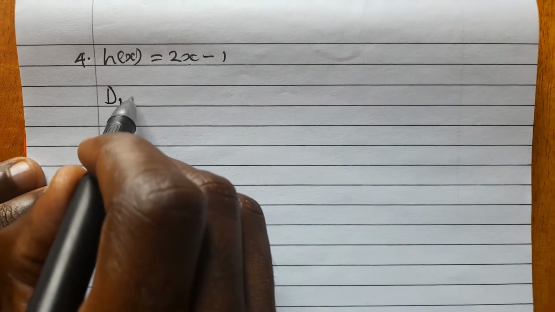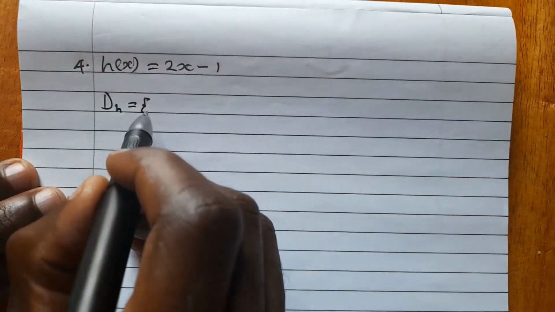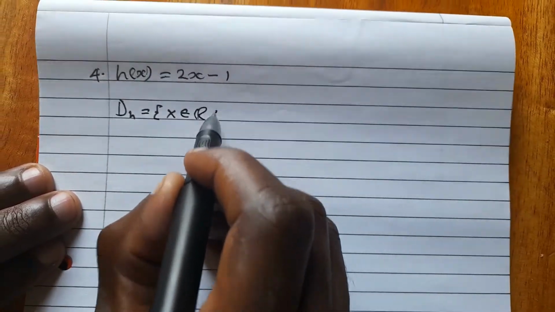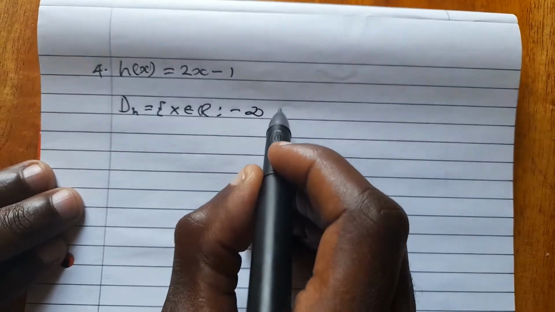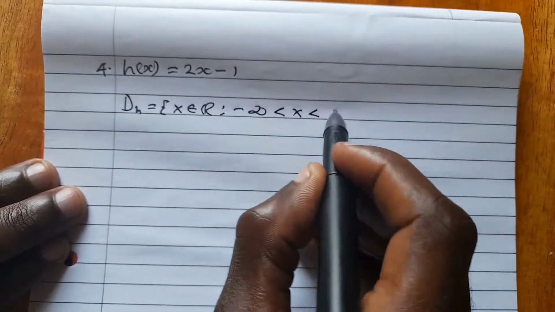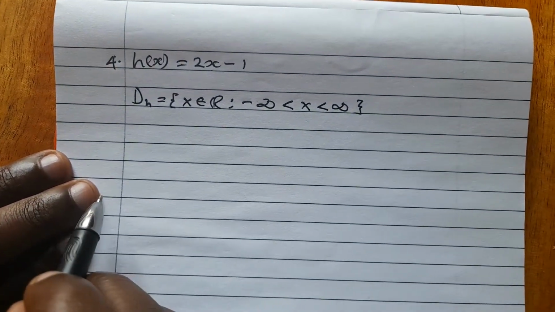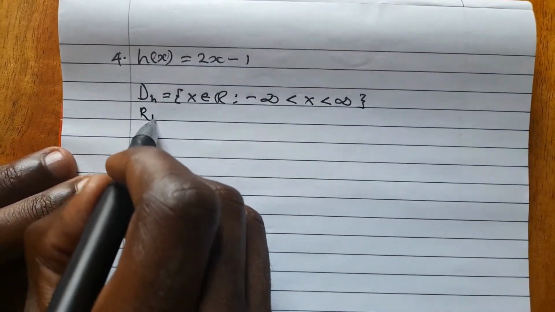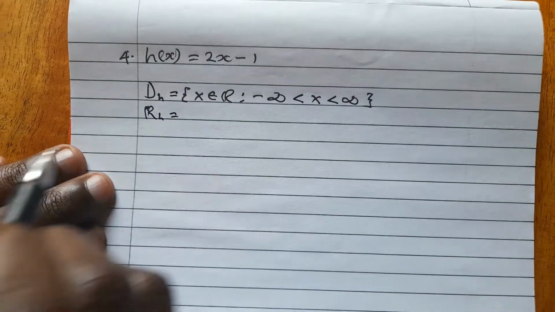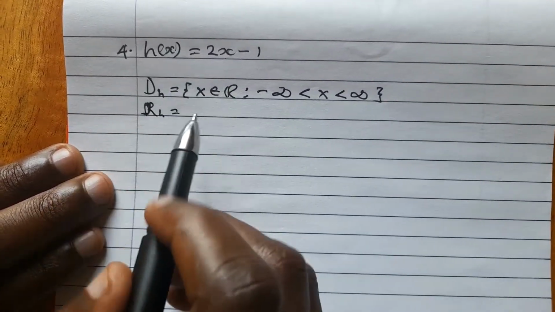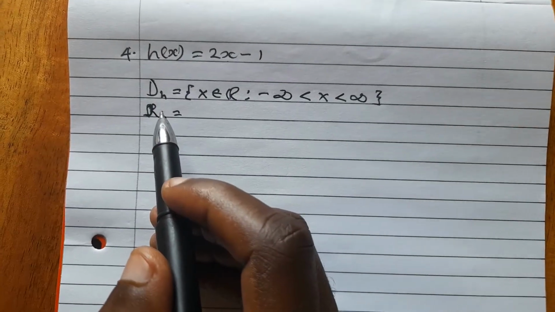So I can simply say the domain of h is the set of x values such that x is a member of the real numbers and x ranges between negative infinity and positive infinity. That is the domain of this function. What about the range? You realize if I plug in any real number here, I'm getting an output.